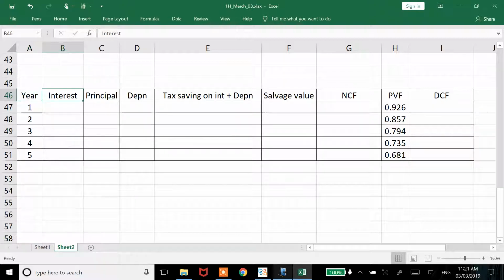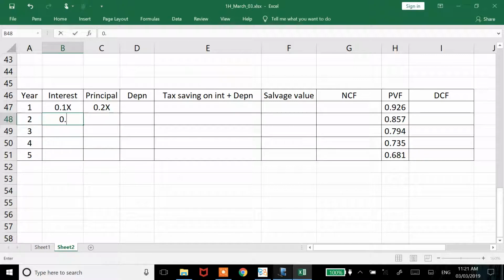Okay, first year interest is 10% of X, and parallelly I write repayment of the first year is 0.2x.